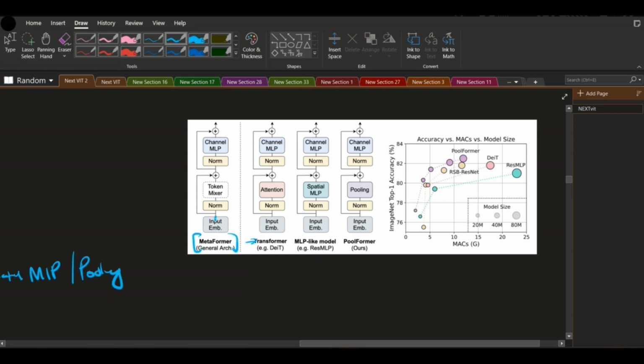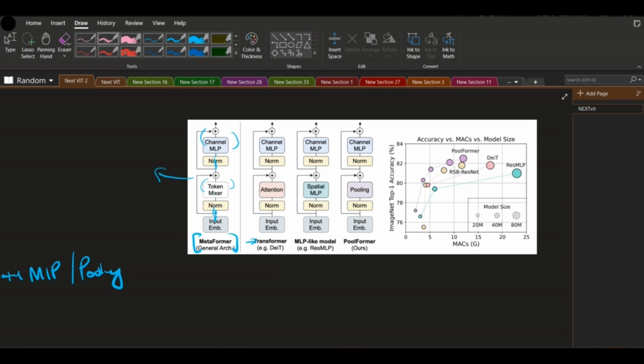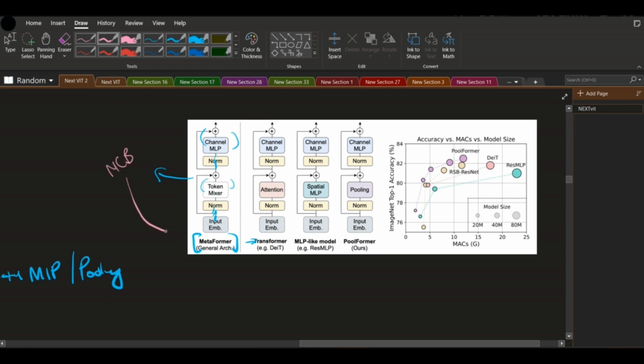You can see that we have an input embedding, norm, token mixer, norm, and channel multi-layer perceptron. The point that I'm raising here is that in this paper that we're currently looking at, the next convolutional block essentially followed the MetaFormer. And this architecture is like so.